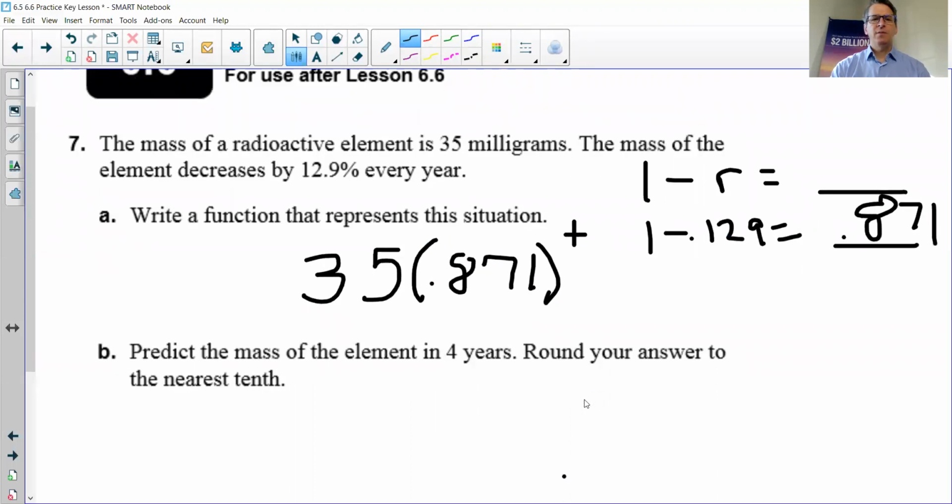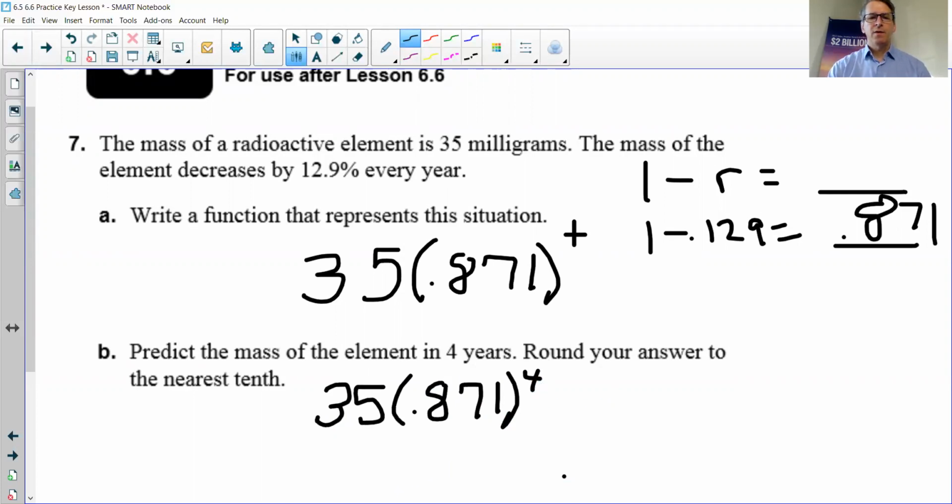Predict the mass of the element in 4 years. Round your answers to the nearest tenth. So we got 35 times 0.871 to the 4th, 4 years.